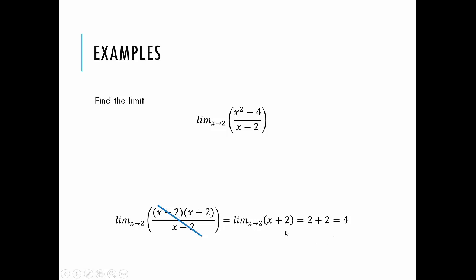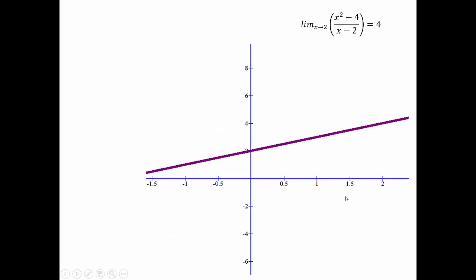So let's understand what this means. This is a rational function. As x is approaching 2, what's happening? Well, when I cancel this, you can see this is linear. If I graph it, it's just a line. The big thing, though, is x cannot equal 2, so we put a little hole there because if x equals 2, then we are actually dividing by 0.